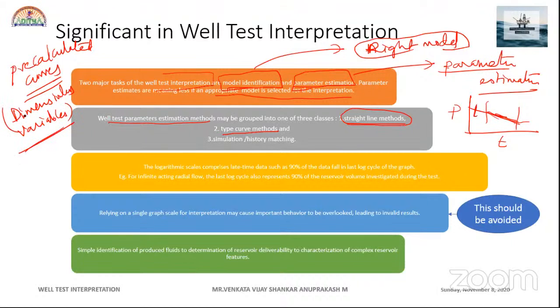What are these dimensionless variables? A pressure response, which is in terms of PD, TD, and RD. What is RD? RD is the radial distance with respect to your wellbore. It may be near or it may be very far.